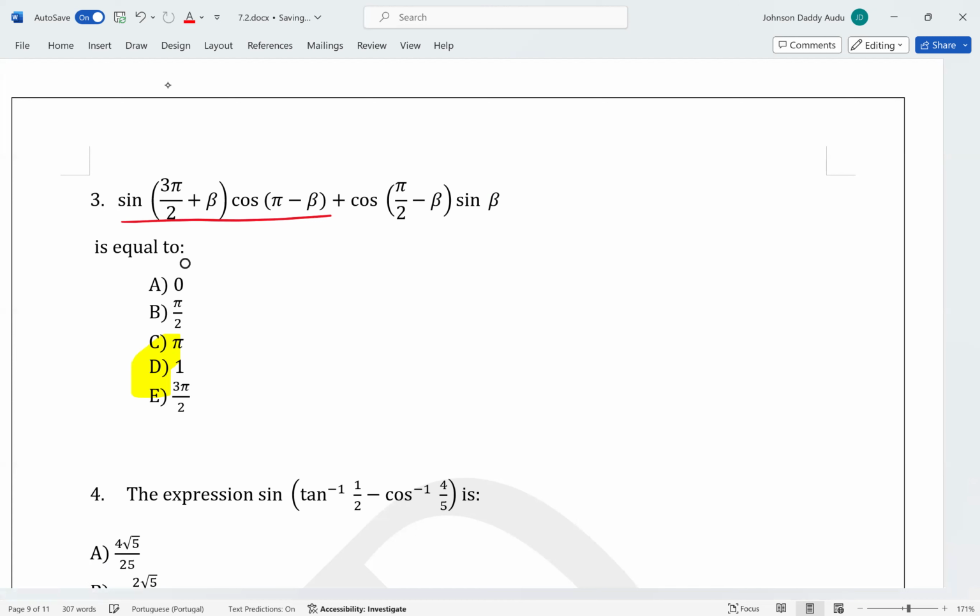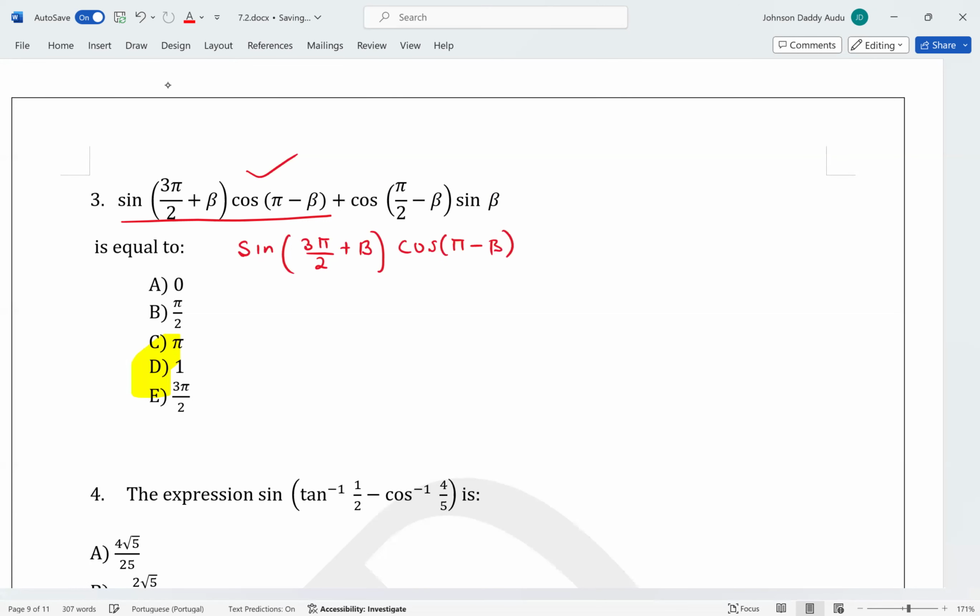Here we can multiply. Now let's take this term only, sine of 3 pi over 2 plus beta, multiplied by cosine.